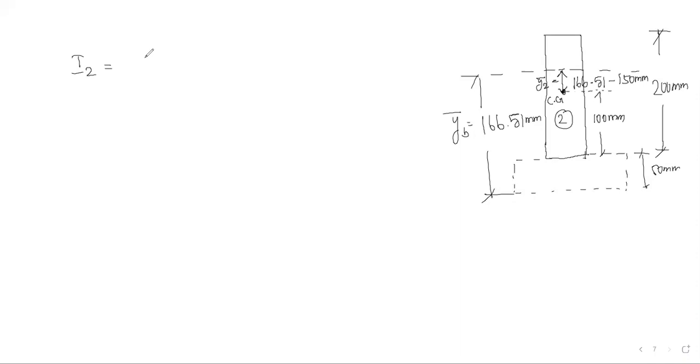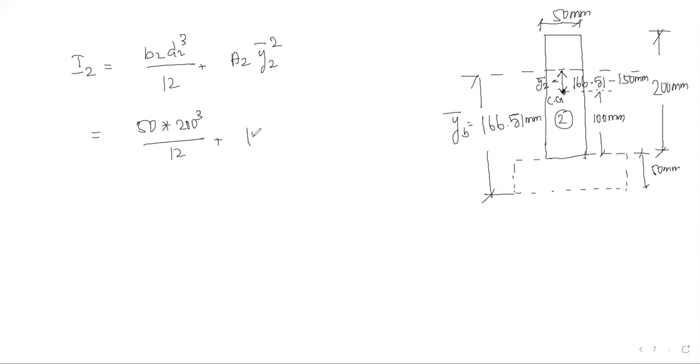Now let us go for the I2 value. So I2 is equal to B2 D2 cube divided by 12 plus A2 into Y2 bar square. B2 is 50 mm. So 50 into 200 cube divided by 12 plus A2, 10,000, into Y2 bar square, that is 166.51 minus 150 mm, the whole square.